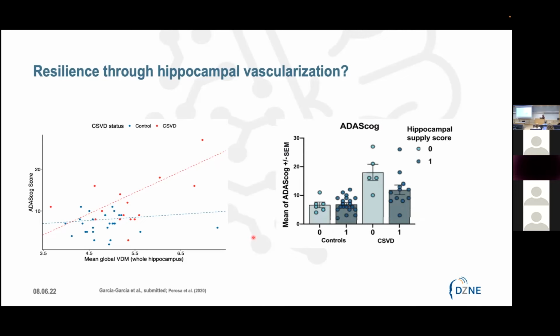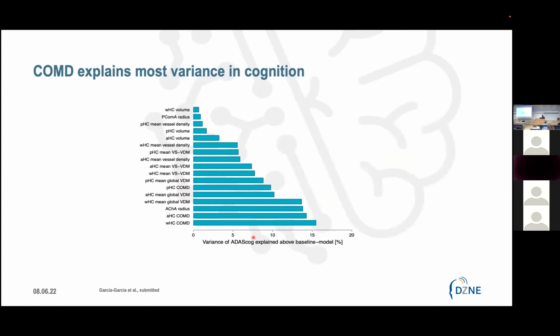If you look closer, the controls don't differ based on the hippocampal vascularization pattern in terms of cognition, but in the people that have CSVD, so vascular pathology, the augmented supply really seems to bring a benefit for cognition.